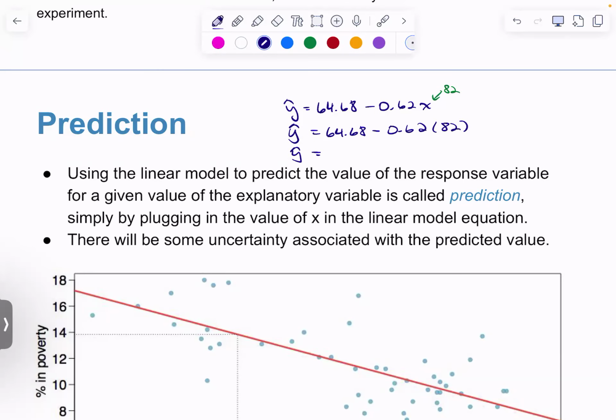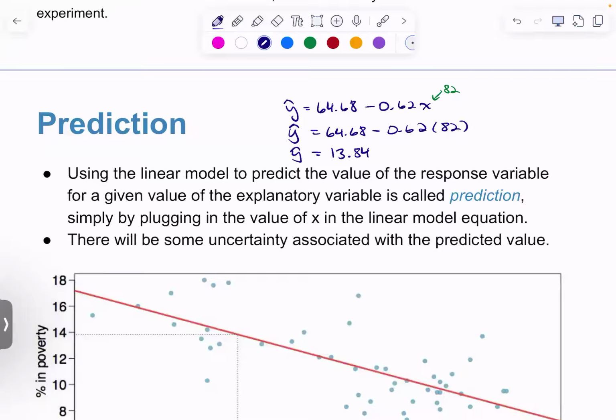You see. 0.62 times 82. And then 64.68 minus that puts me at 13.84.